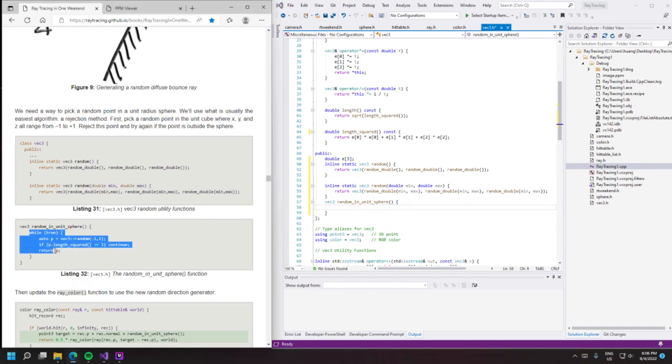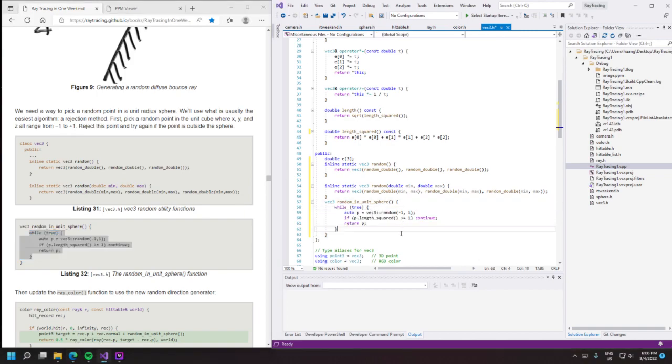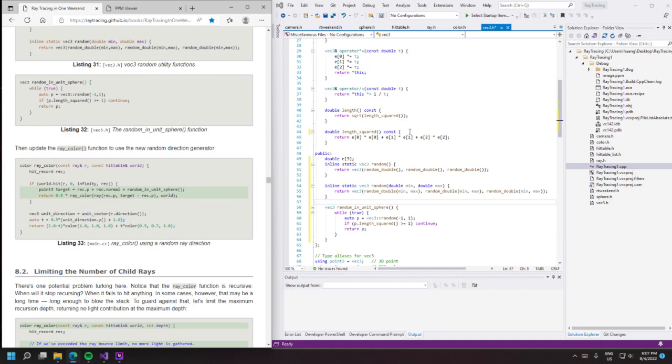This auto p, yeah, we're looking for numbers that range from -1 to +1. And this is a part I don't understand. What does it mean to reject this point, and what's the point of rejecting the point? I don't understand.